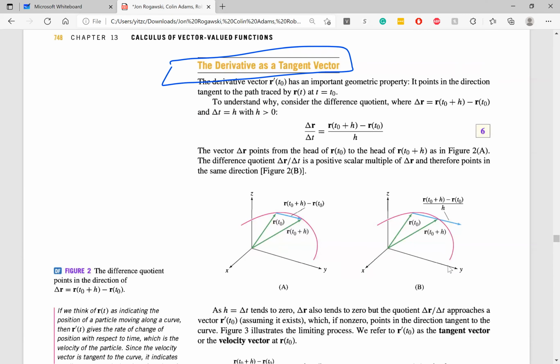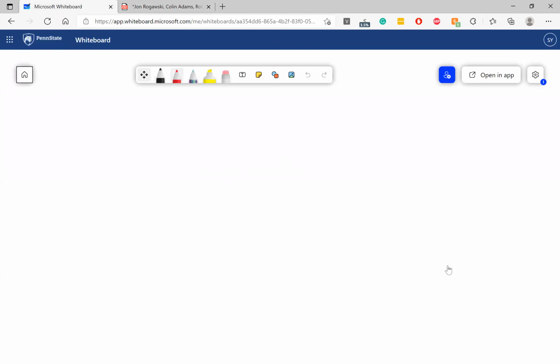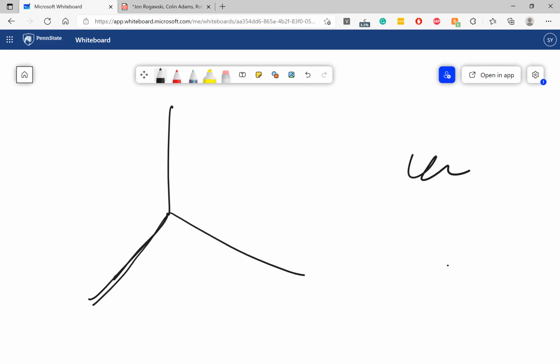So what we're trying to do is we have a curve. So we're in R3.